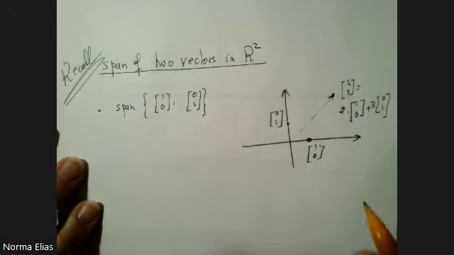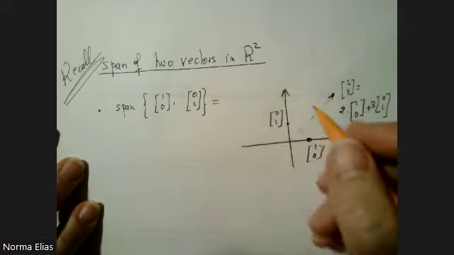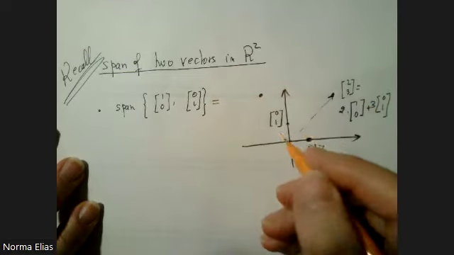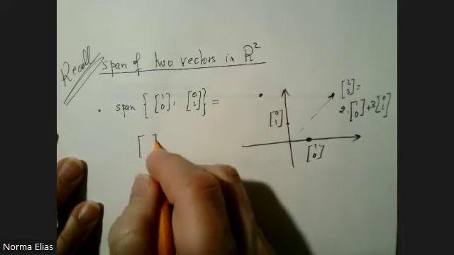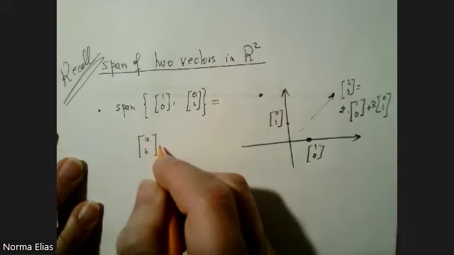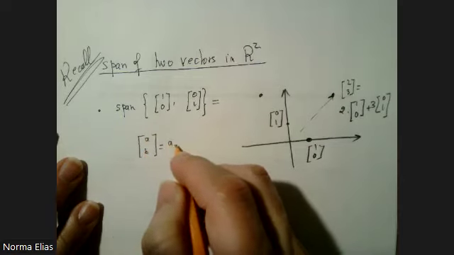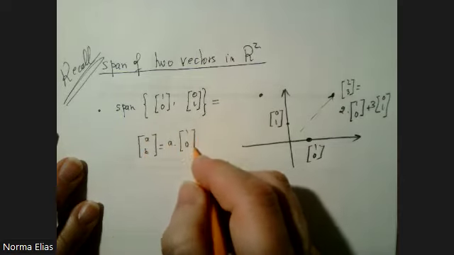The way we interpret that is that any vector in R2, any ordered pair, whatever it is, you can write as a combination of those two vectors.